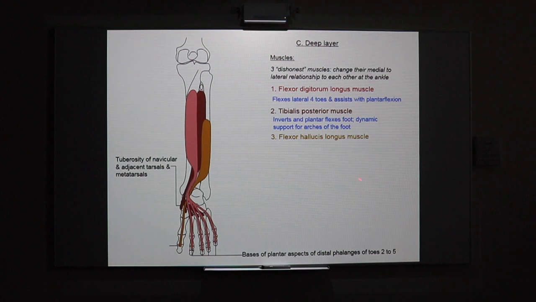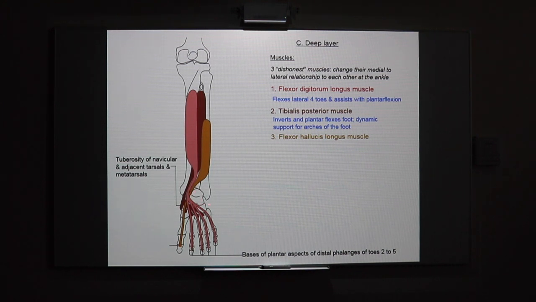It arises from the posterior surface of the shaft of the fibula. So this is the most lateral muscle, and as it passes the flexor retinaculum at the ankle joint, it is still lateral most. So the most medial is tibialis posterior, then you have flexor digitorum, and then you have flexor hallucis.